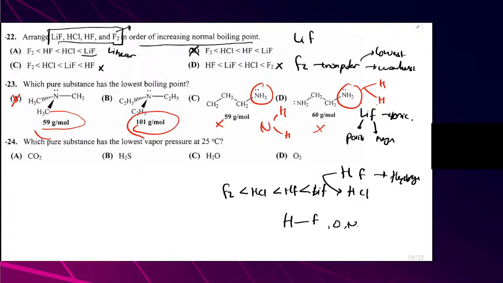Which pure substance has the lowest vapor pressure? Okay, so we have information for the boiling point, information about the vapor pressure, information about the kinetic energy and other stuff. Which pure substance has the lowest vapor pressure at 25 degrees Celsius?